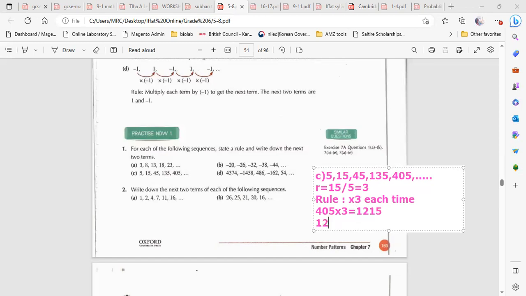The next number will be 1215 multiplied by 3. So the result will be 3645. I hope you have understood this question and you can copy this.